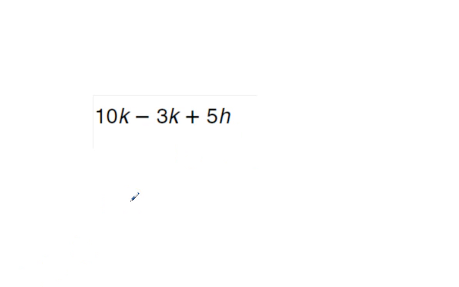In this problem, it's asking me to combine like terms. So when I look here, I see I have a 10K and I have a minus 3K, and then I have add 5H. I circled the like terms. So in here, I would just have to subtract the coefficients. 10 minus 3 equals 7.